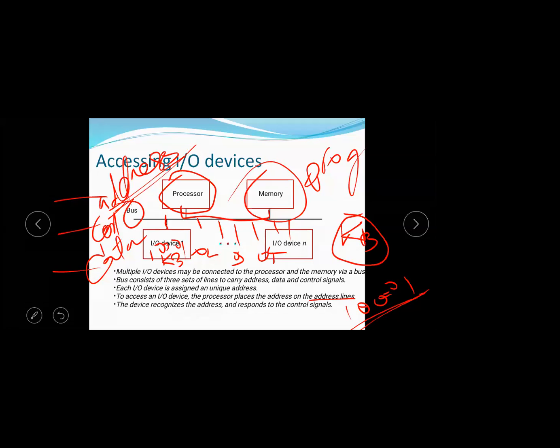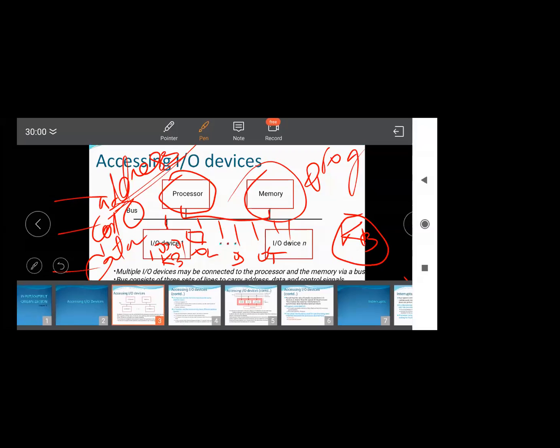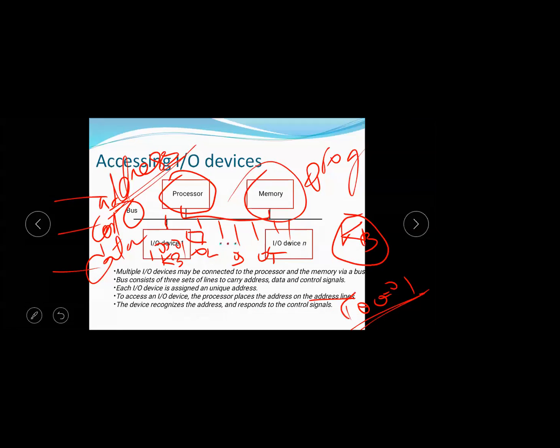Each decoder decodes the address sent, 1001. Whichever device's address the address matches, the path is established with that device, and the remaining devices are open circuited. That means there is no connection between the remaining devices and the processor.